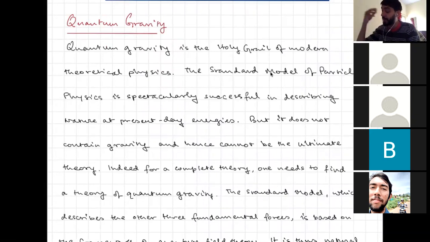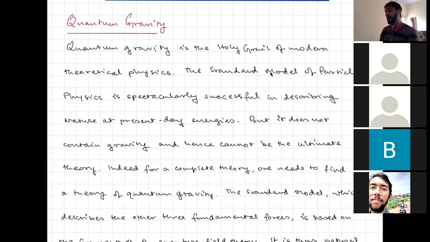It's been spectacularly successful in describing nature at energies today. But we know that the standard model does not contain gravity, and hence it cannot be the ultimate theory.